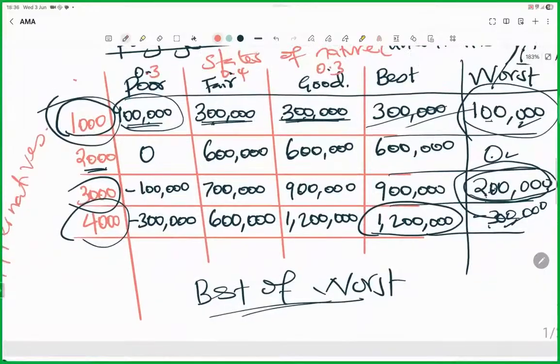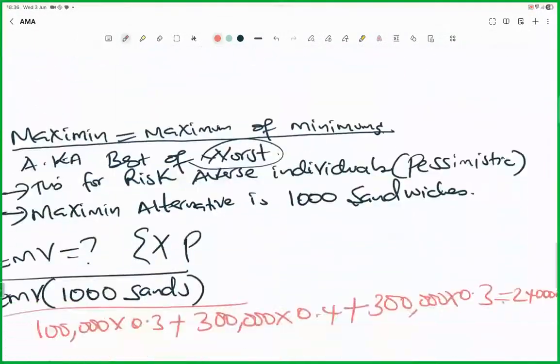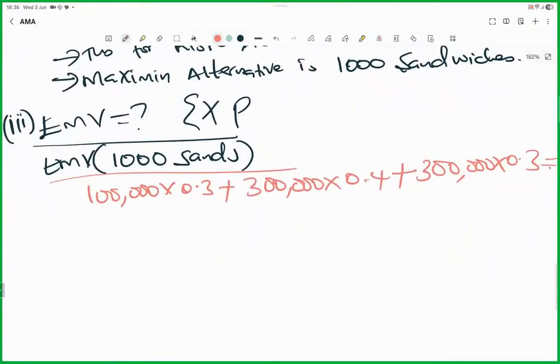So that's what we are doing exactly here. If you look at, for example, 2,000 sandwiches, we have these payoffs. So you take these payoffs times their corresponding probabilities. EMV for how many sandwiches? 2,000 sandwiches.